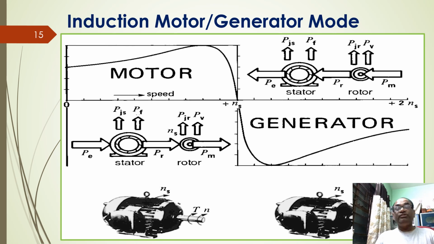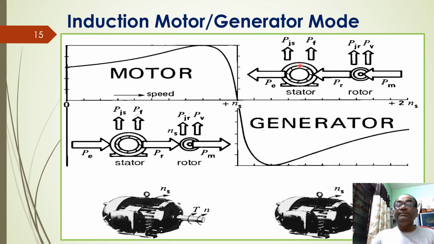So in this slide, the motor and the generator: the same induction motor can behave as a generator. This is the synchronous speed, this is zero speed, and if you somehow make this induction motor run above the synchronous speed, it will start behaving like a generator.